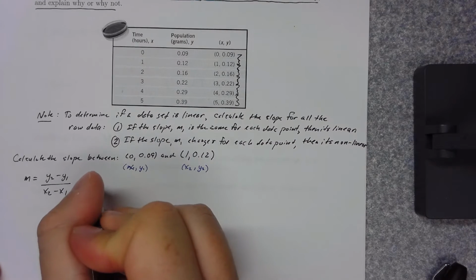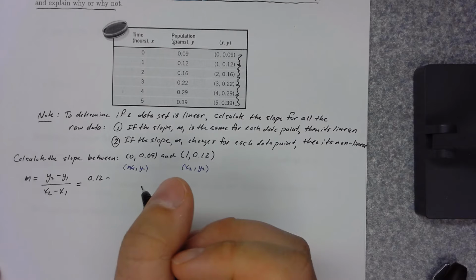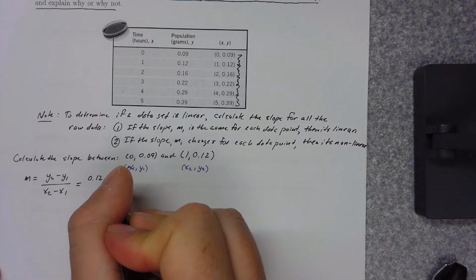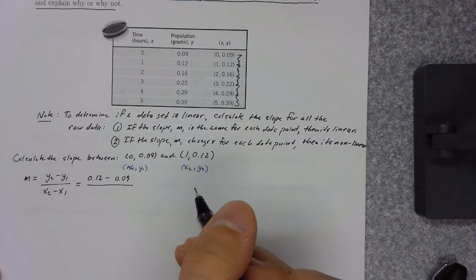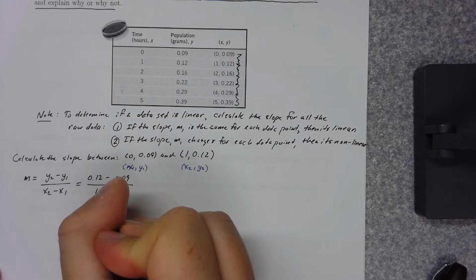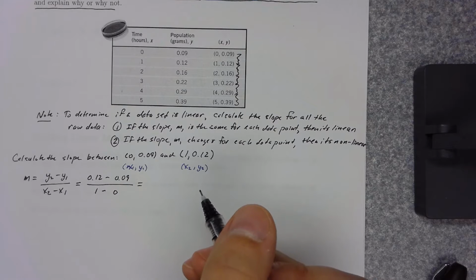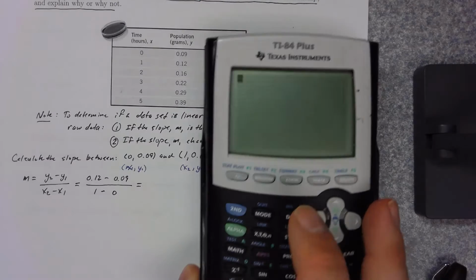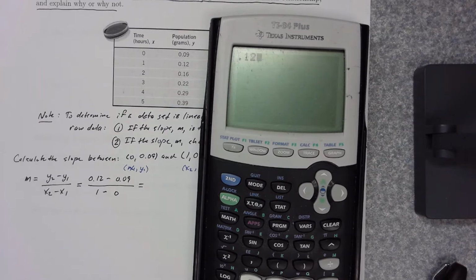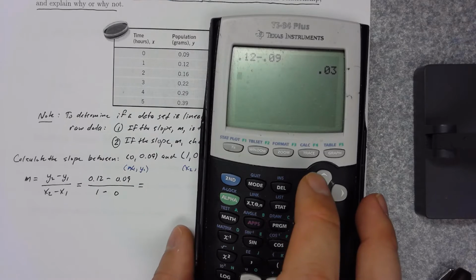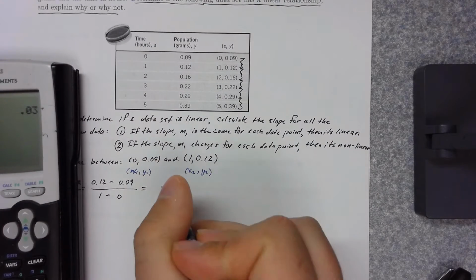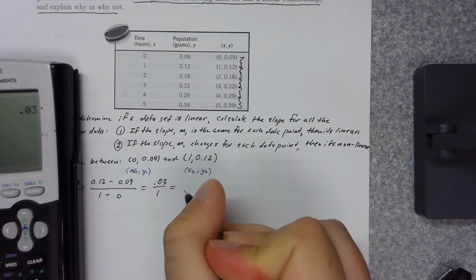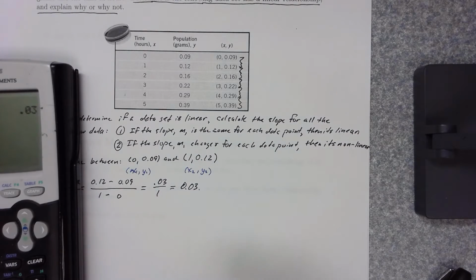So that's going to be 0.12 minus 0.09 all over 1 minus 0. So when you do that, use your calculator for it. So 0.12 minus 0.09 gives me 0.03 over 1, which is obviously 0.03.